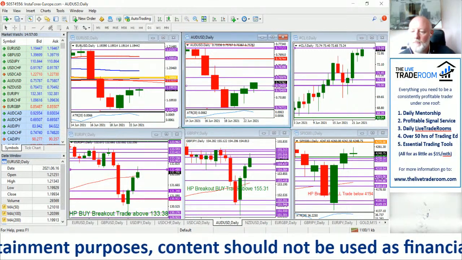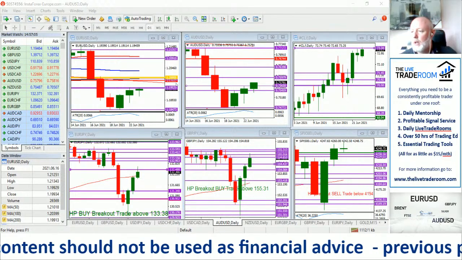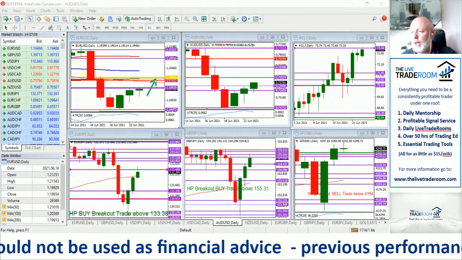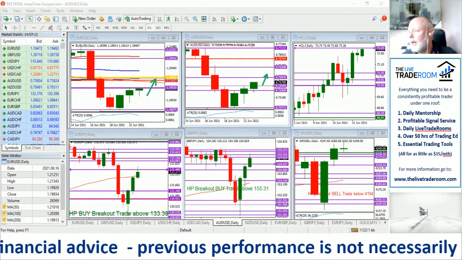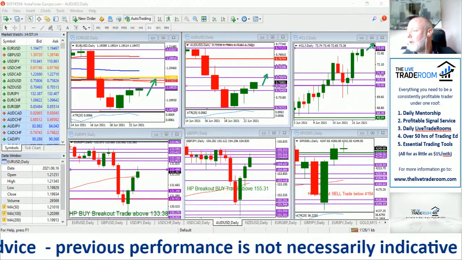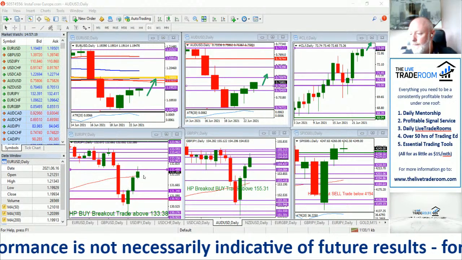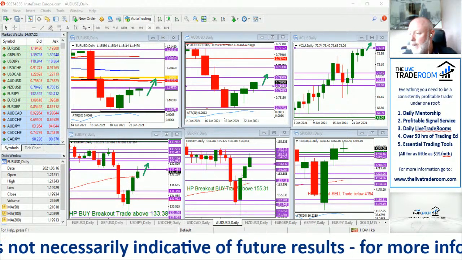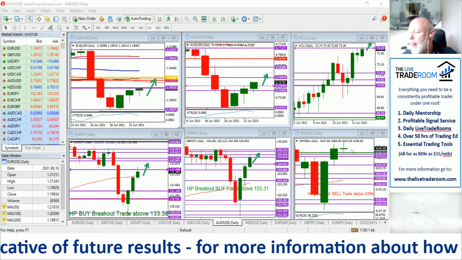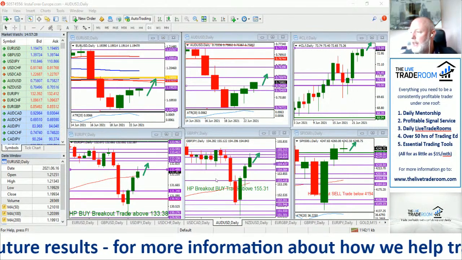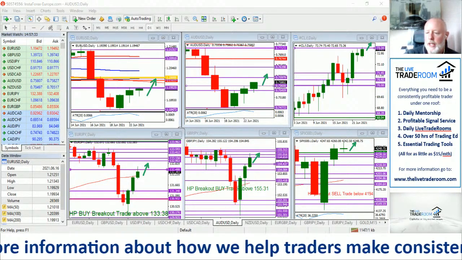So what we're doing is we're looking for a little bit of a further break to the upside at these levels. These would all play into opportunities to the upside for each of these markets.